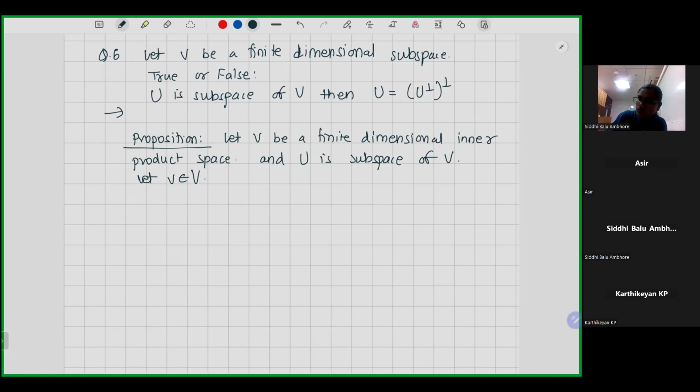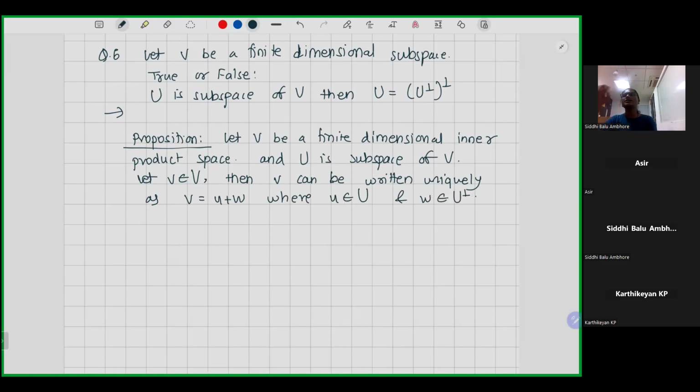Let v belong to V, then v can be written uniquely as v is equal to u plus w, where u is in U and this w is in U perp.